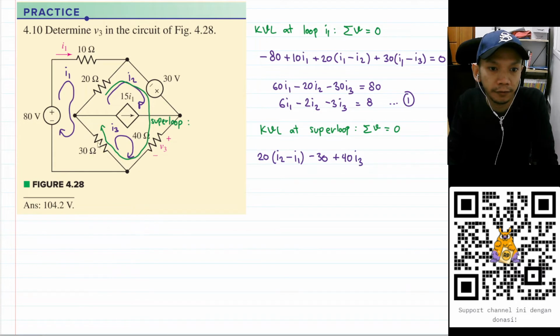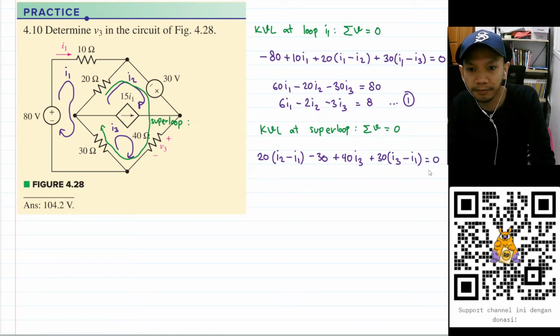Then for this 30 ohm, I3 passes through there, but I1 is flowing in the opposite direction, so minus I1. All of that will equal 0.